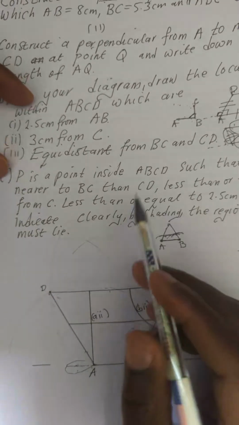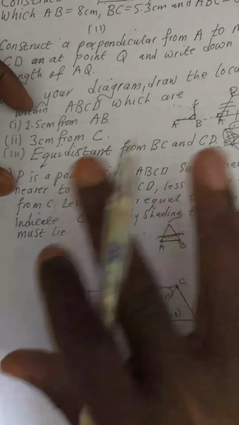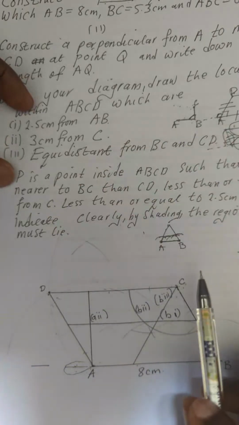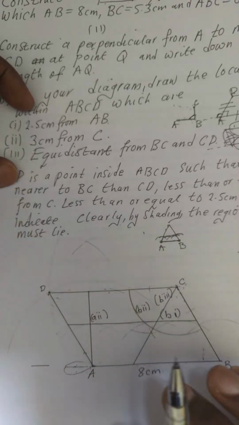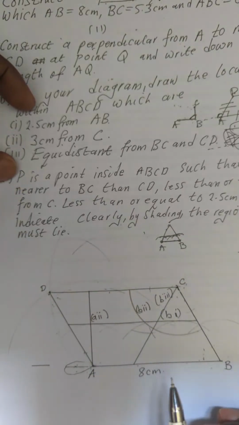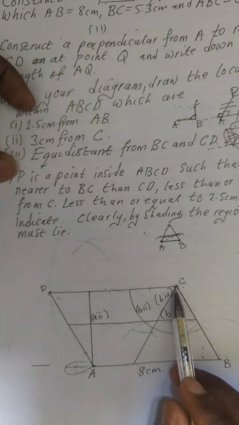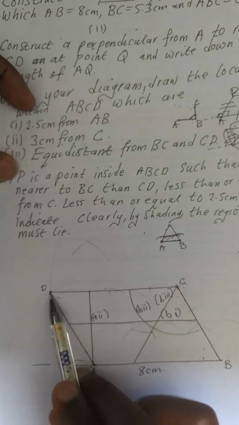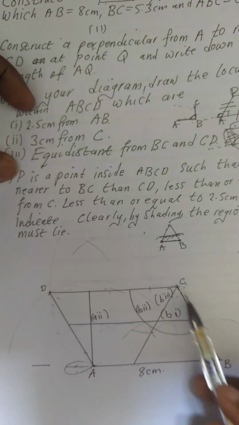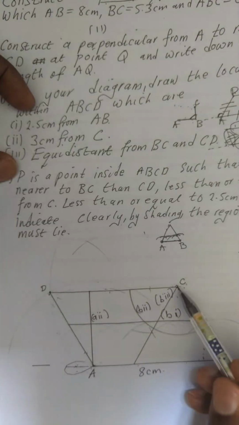Finally, P is a point inside ABCD such that P is nearer to BC than CD. So what is the border of BC and CD? It is this line.